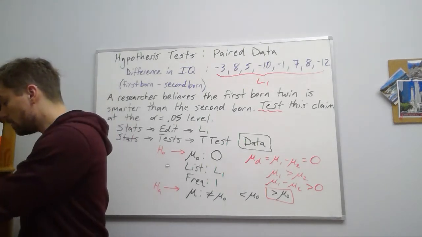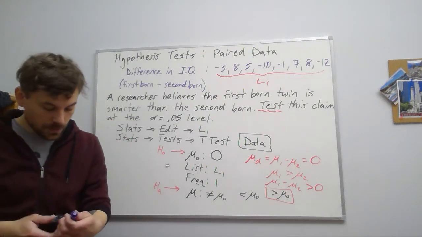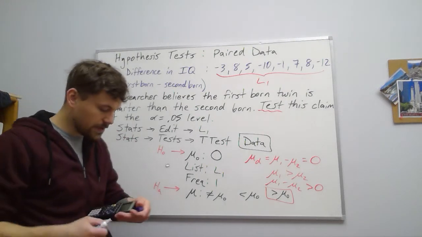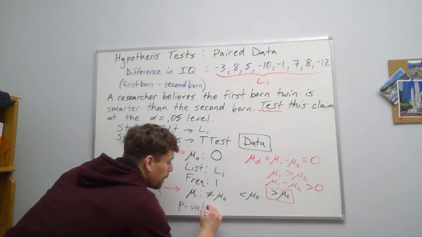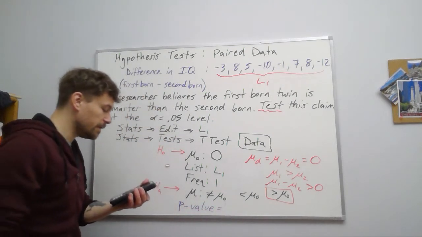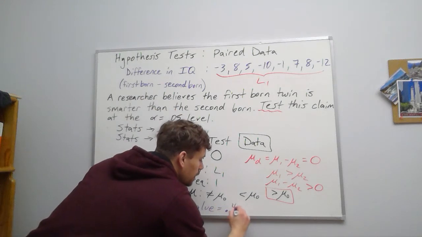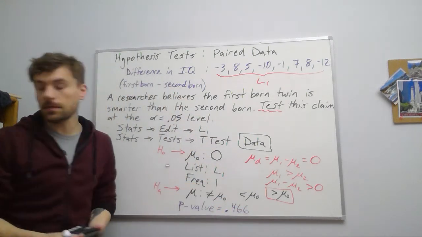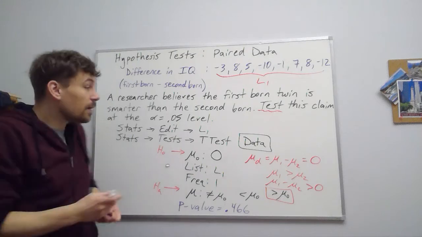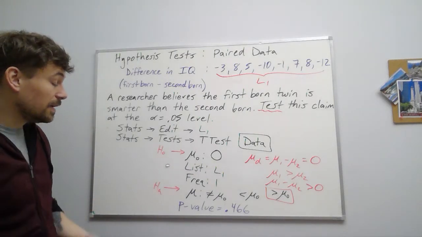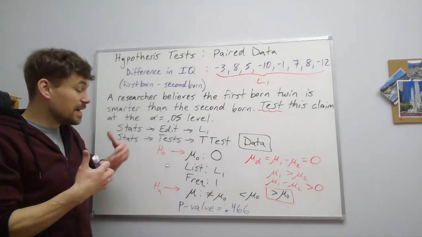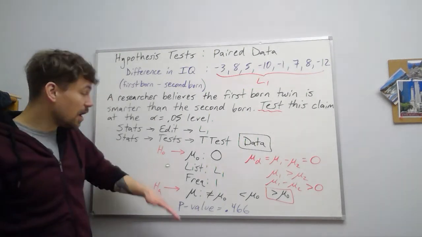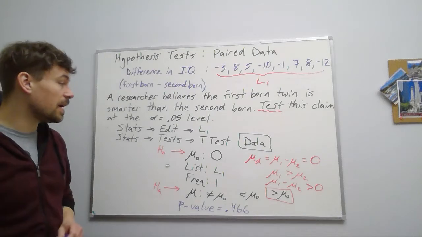We end up with a p-value that's fairly large, actually. We get a p-value of 0.466, and of course, that decimal keeps going. Now, what does this tell us? That's a very large p-value, meaning our results are not very rare under the assumption of the null hypothesis.